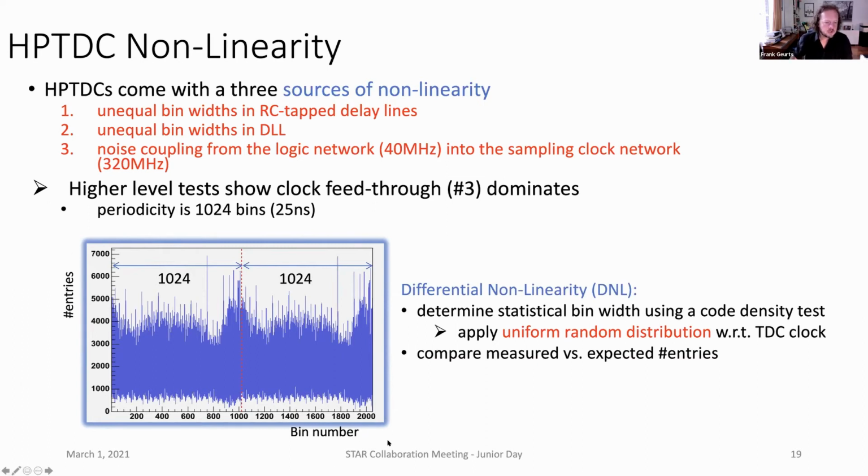This plot shows what happens when we provide this TDC chip with a uniformly random distribution with respect to the TDC clock. If you run this for a long time, you would expect a flat distribution, and that's most definitely not what you see. There is quite some range in what it gives you back.